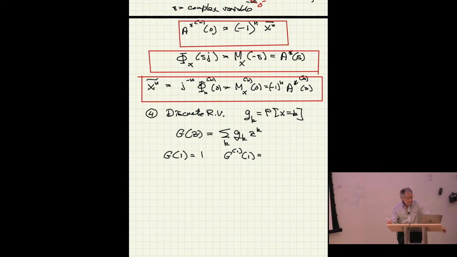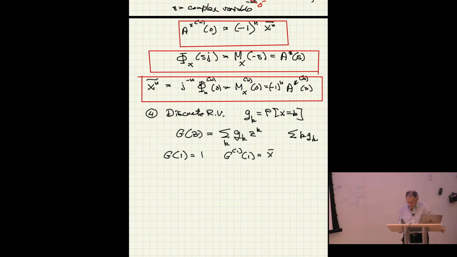I guess I'm confusing you. What is summation k g sub k? That's what I'm asking. What is that called? Expected value. It's the mean of this random variable x, okay? So it's x bar.